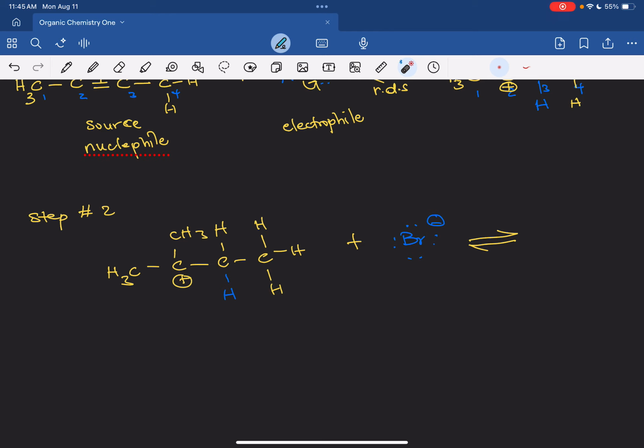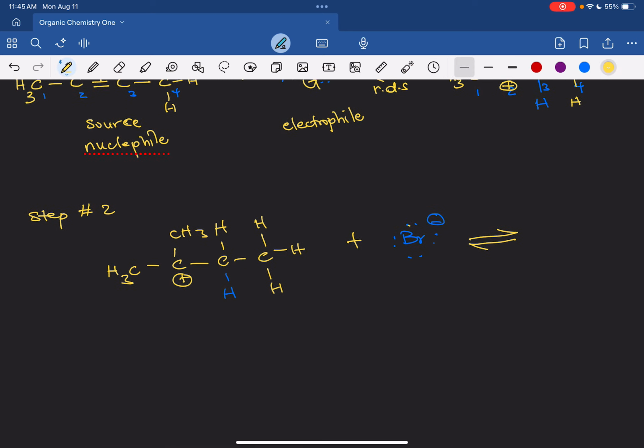So clearly it lacks electrons. Electrons are negative. So you will draw an arrow from source to sink. Remember, your arrows are either drawn from lone pairs or bonds to the positive charge. This arrow means that bromine makes a bond. Let me number my carbons. Makes a bond with carbon number two.